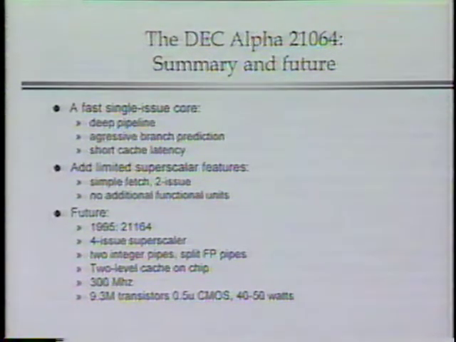Don't add any additional functional units. Try to issue 2 instructions at once. Don't do any register renaming. Keep the cycle time as short as possible, minimum gate delays between stages, and run the clock rate up as fast as you can. And power be damned, just make the clock click as fast as the gate delays between stages will allow.